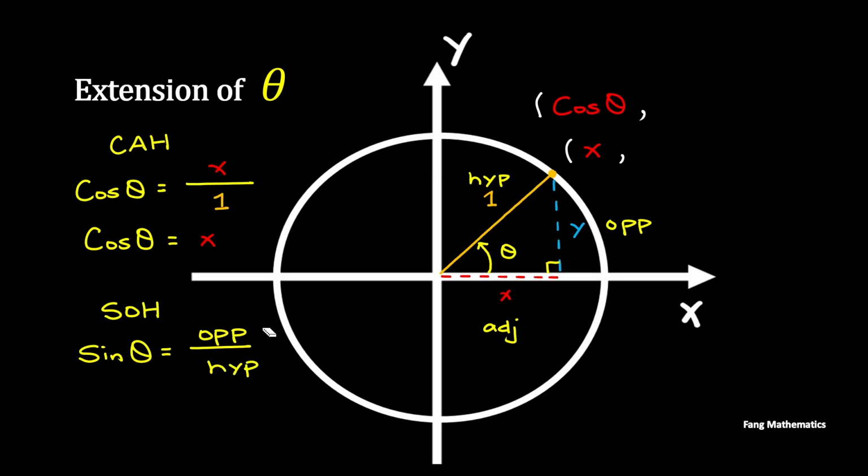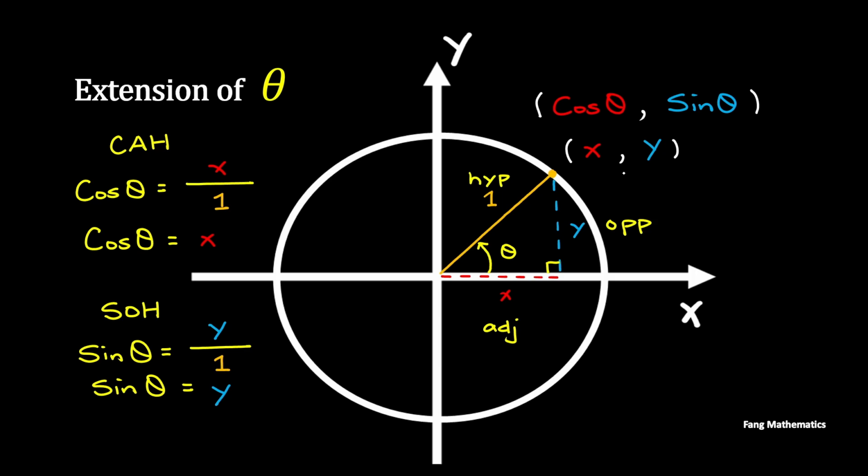In place of opposite, you put y, and in place of hypotenuse, you put 1. And your sine theta should equal y. So in place of y, you can put sine theta.